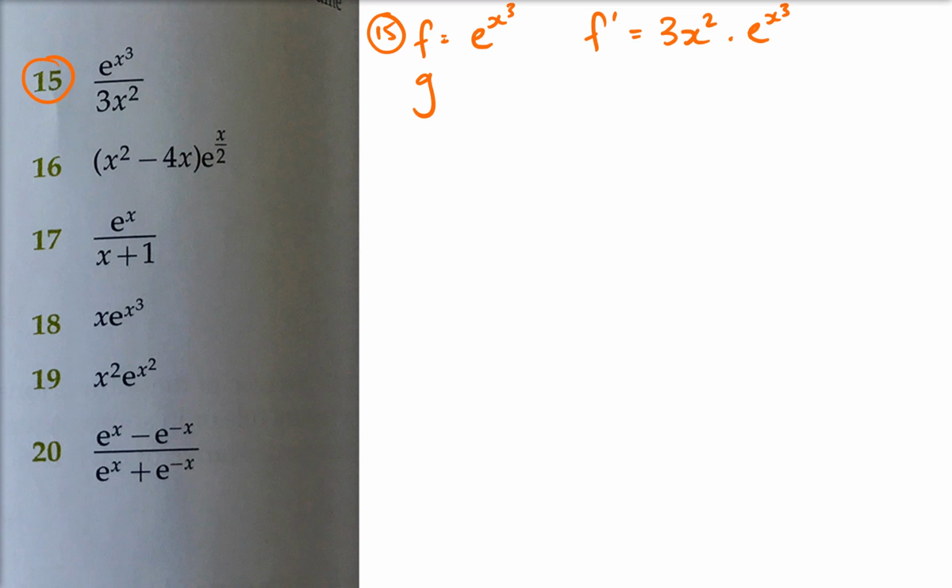Write down g, which is 3x squared. Write down g dash, which is 6x.